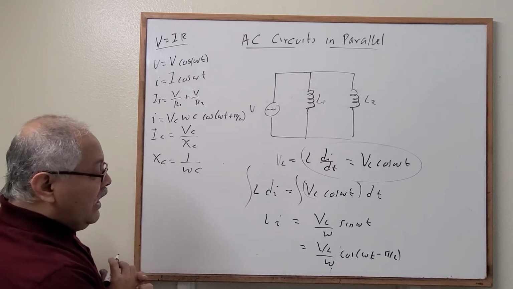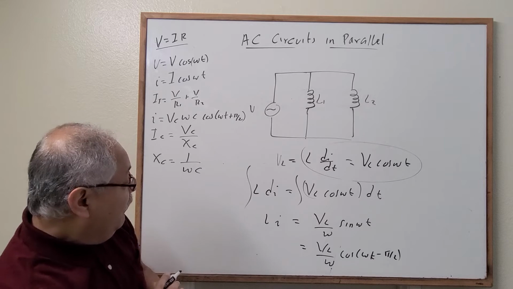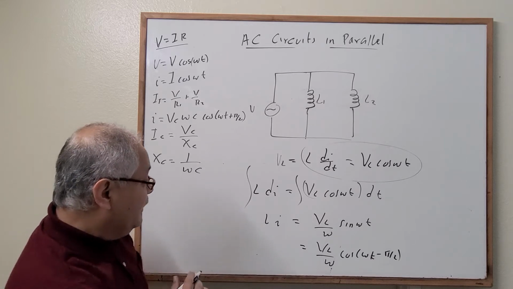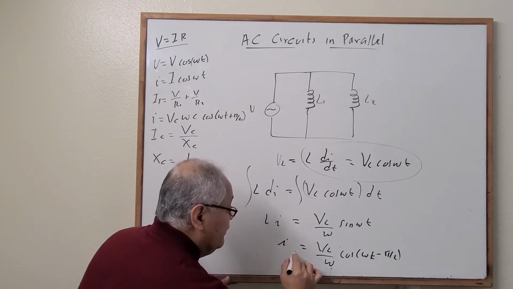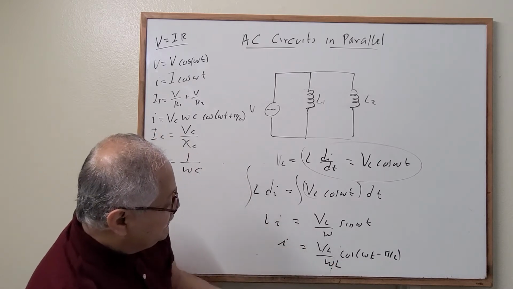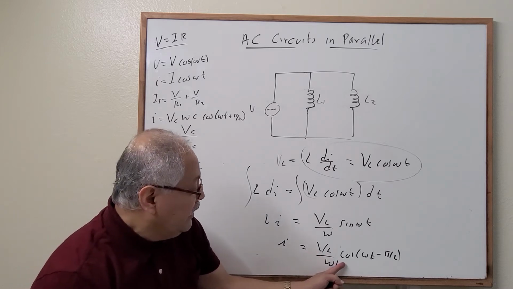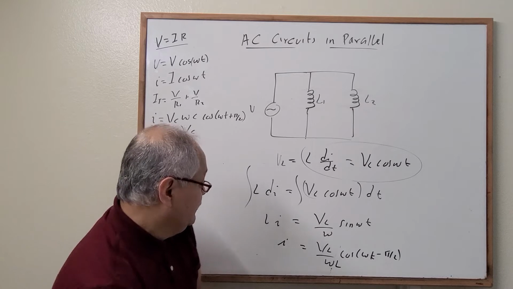Now we can solve for the instantaneous current. The instantaneous current is going to be equal to VL over omega L times cosine of omega t minus pi over 2.